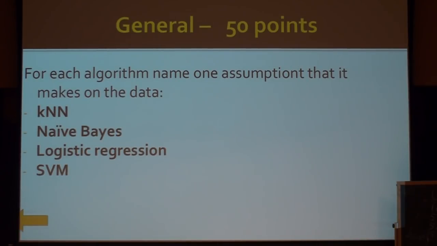Arthur? Okay, good. k-NN: points that are close to each other have the same class. Naïve Bayes: each feature of your feature vector is independent from each other. Right, independent given the class label.